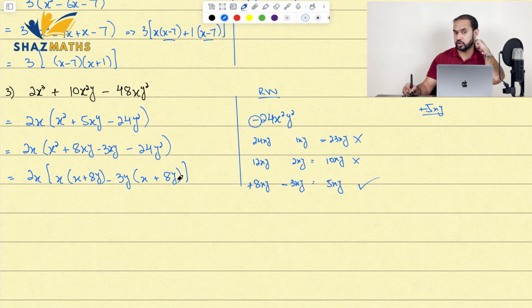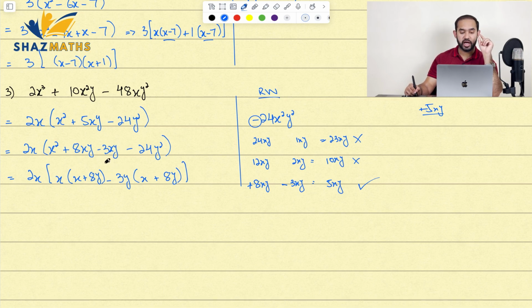Now pay attention to this step. What I've done over here is I can see that the maximum number that is divisible by both of these numbers, 3 and 24, was 3. So I've taken 3 as common, and in the variable, the maximum power that both of these terms had was y to the power of 1.